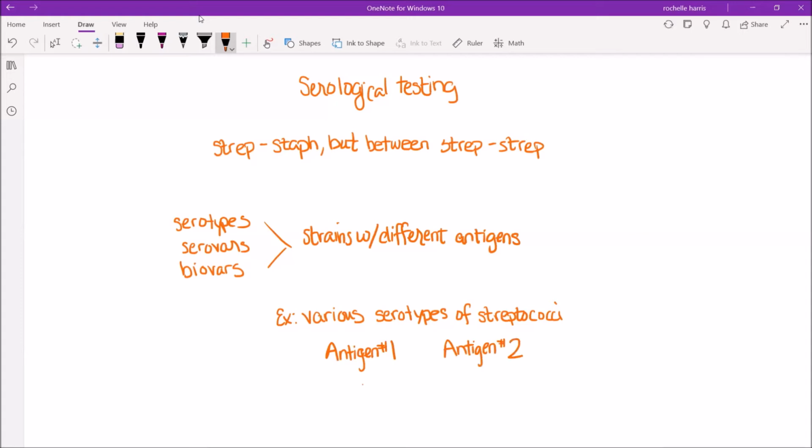When present in the host, each will produce an antibody, but not just any antibody: a specific antibody for antigen 1. The same thing will happen here: a specific antibody will be produced for antigen 2.